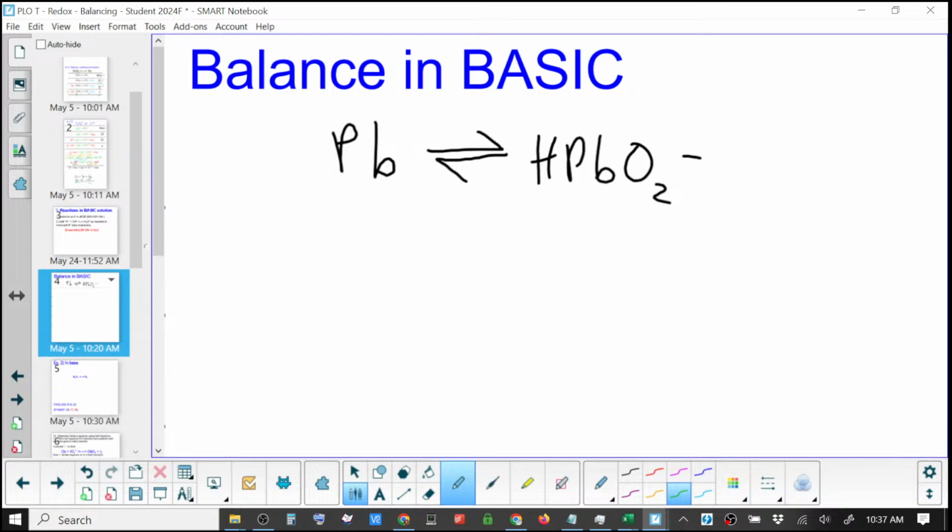Balance major atoms first, then balance the O with water, then balance H with H+, and then electrons. So you add the waters first to balance the oxygens, and then add the H+ to whatever side needs more H to balance. Two waters will get you 4 H+ on the other side.